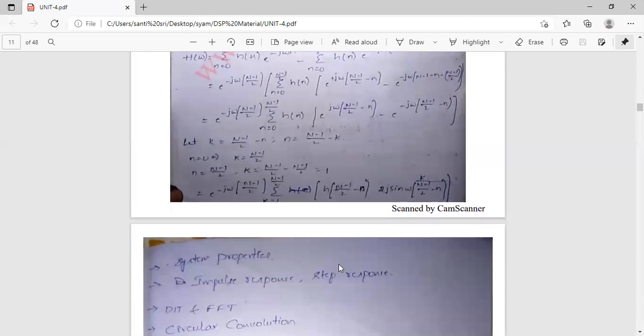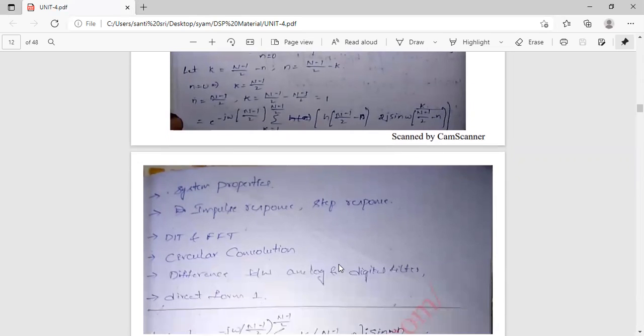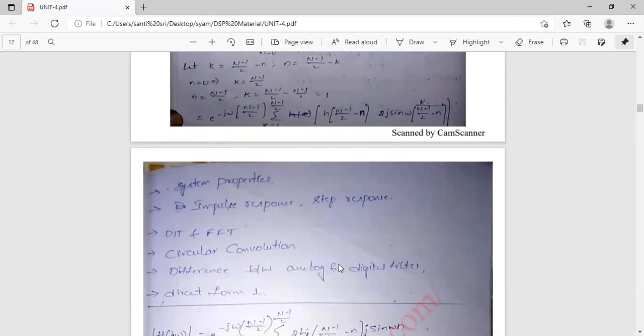Okay, so it is equal to e power minus j omega (N-1)/2 into sigma k equal to 1 to (N-1)/2 of h of (N-1)/2 minus k into 2j sin omega k. That is H of omega.